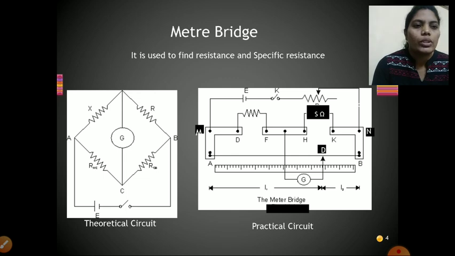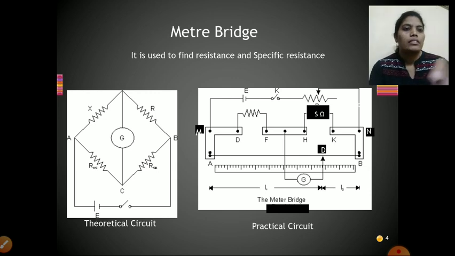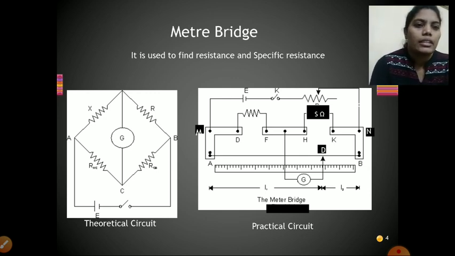As in the Wheatstone bridge, where we have A, B, C, D, AB is connected with the battery and CD is connected with the galvanometer. Similarly, in the practical circuit, AB is connected with the battery, and C and D points are connected with the galvanometer.